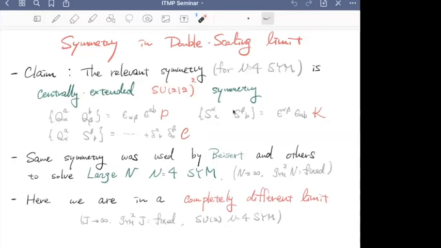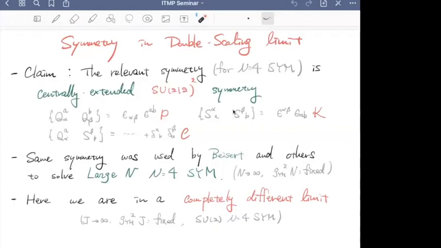The algebra is given by this expression, where Q are basically the supersymmetries, and S are the superconformal symmetries. So let me just first state the claim, and then in the next slide, I'm going to explain how to understand it.